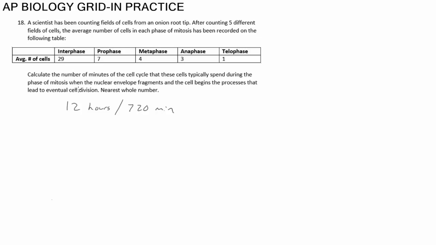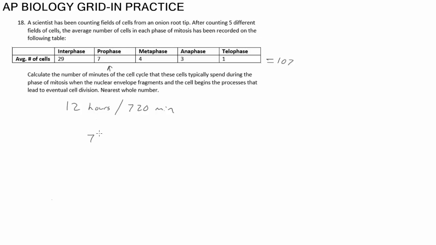And we do that by taking the total number of cells in that particular phase divided by the total number of cells that were observed, which in this case is 107 cells. So which phase are we looking at? Well, let's see what the question says. We're looking for the phase of mitosis when the nuclear envelope fragments and the cell begins the processes that lead to eventual cell division, which is prophase.